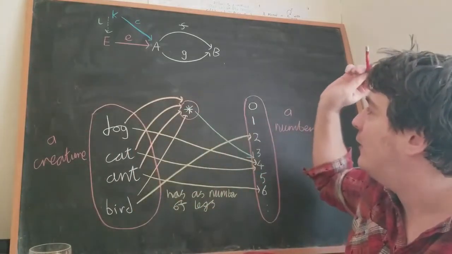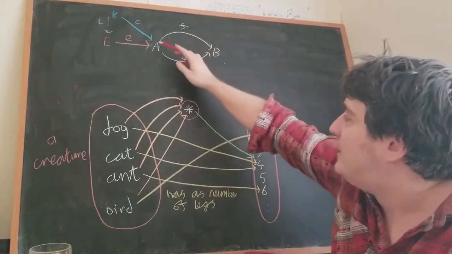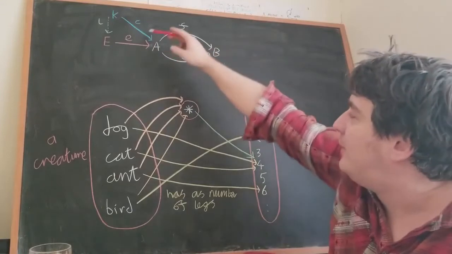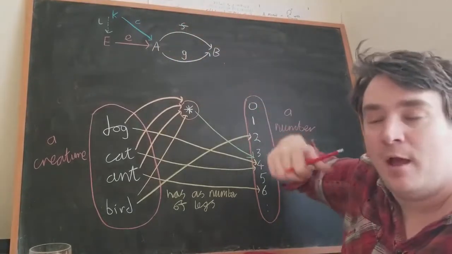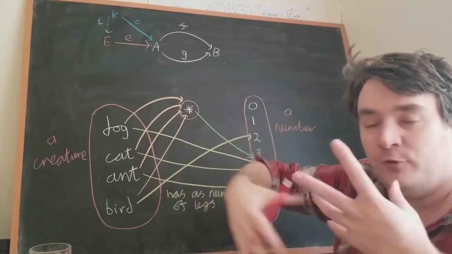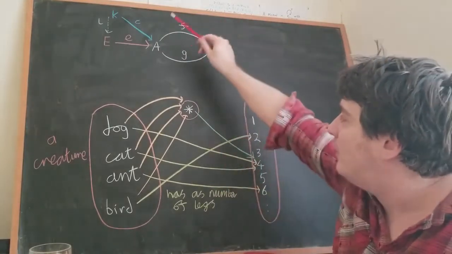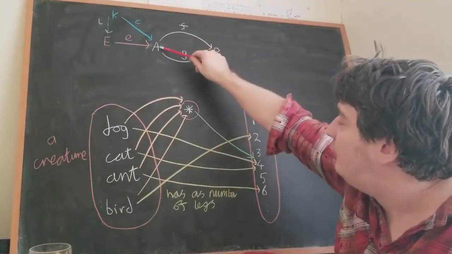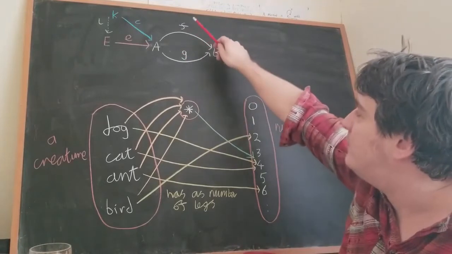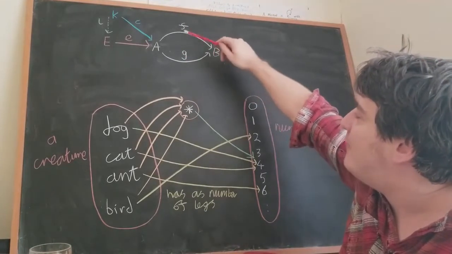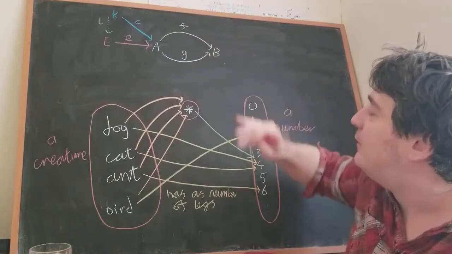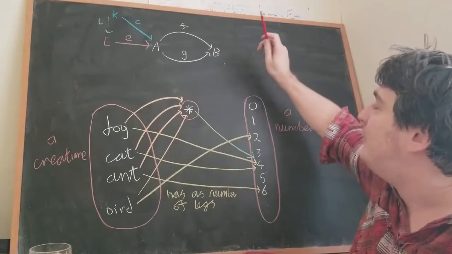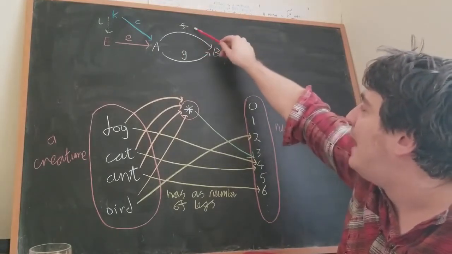That's because the starting diagram when you want to talk about an equalizer, in a general category, consists of two objects, A and B, with two parallel arrows, F and G. In the category of sets, A would be a set and B would be a set, and these would be two functions, F and G.